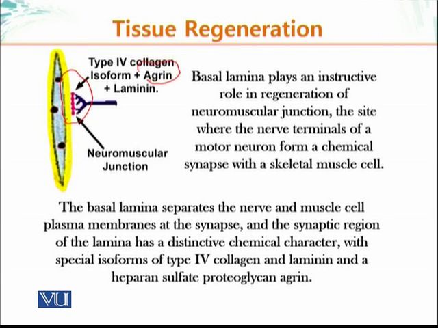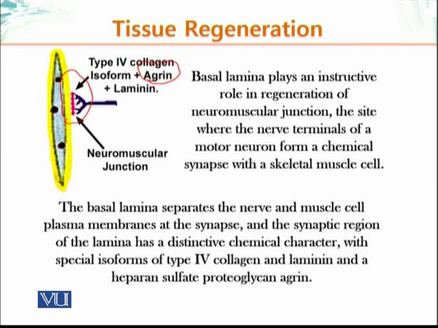So these are specifically placed in the basal lamina where muscle and nerve are interacting. And this structure basically forms the function of a memory. When the cells have to restore the function, these molecules basically guide cells what to do.